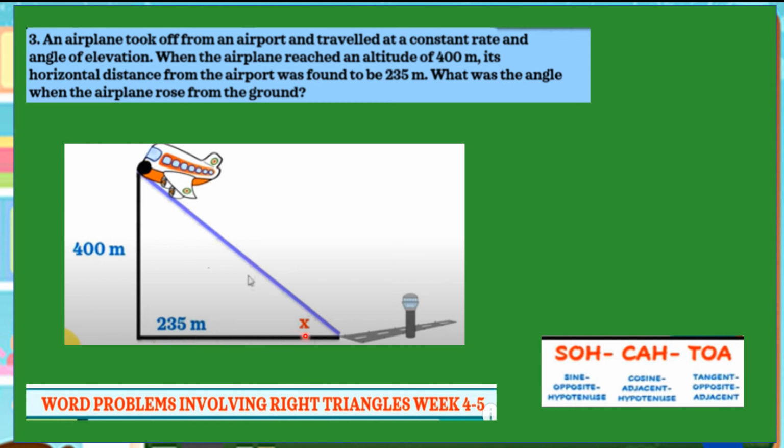So, sa ating given figure, ito ang nawawala. So, ano nitong angle theta? Anong relationship niya sa 400 meters at sa 235 meters? So, ang 400 ay opposite kasi opposite siya ng ating angle at ang 235 ay adjacent.